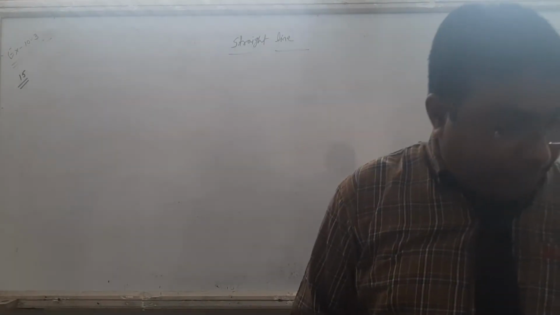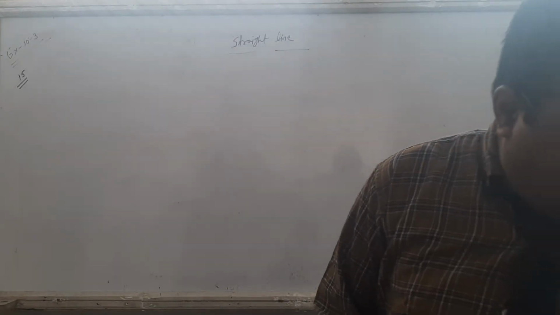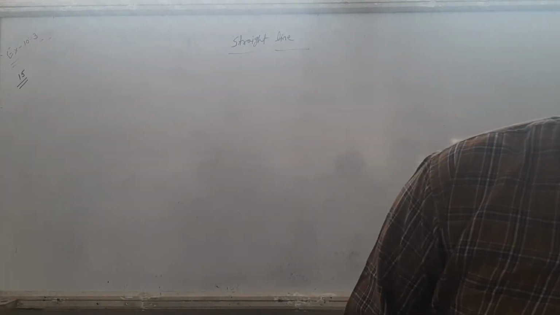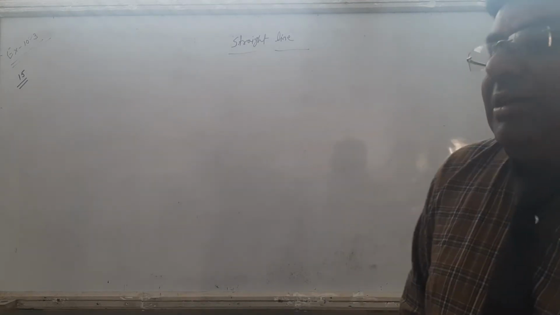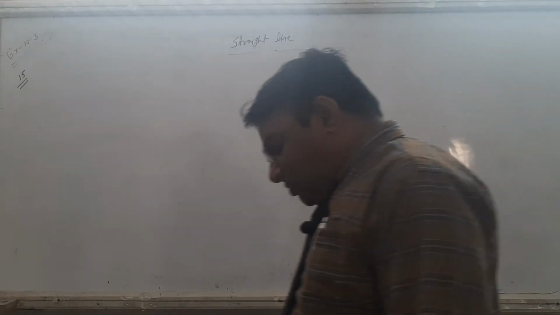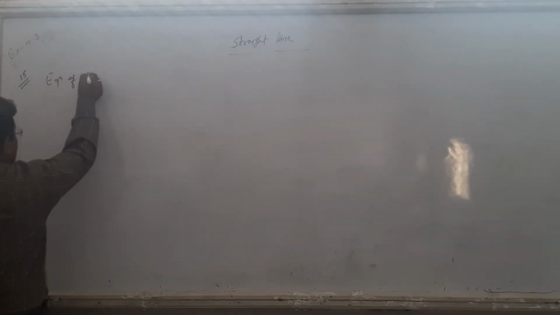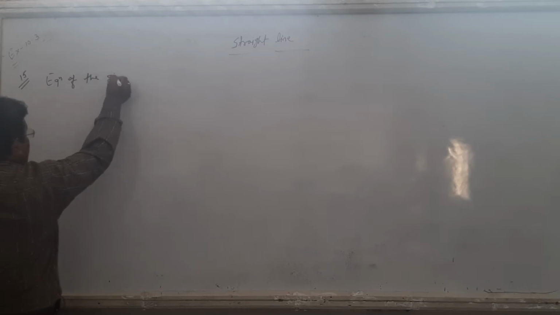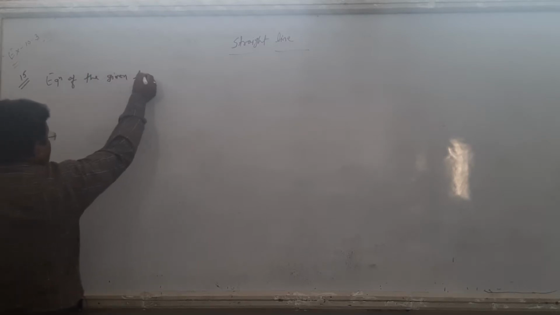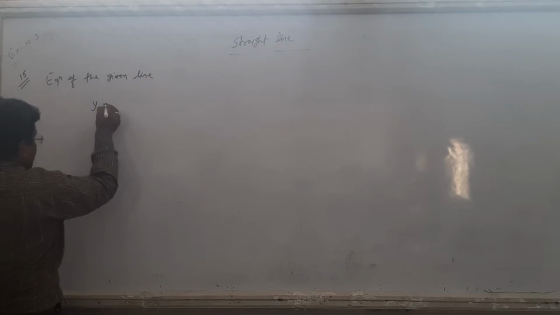Question number 15. First thing is to read the question. Question number 15: the perpendicular from the origin to the line y equals mx plus c. This is the equation of the given line, y equals mx plus c.